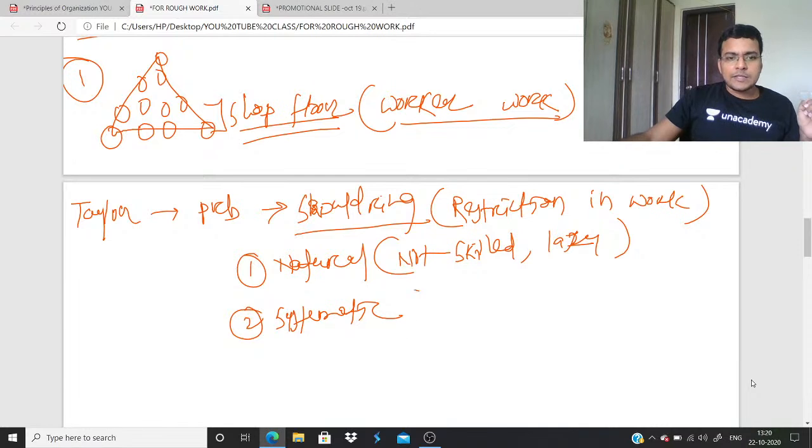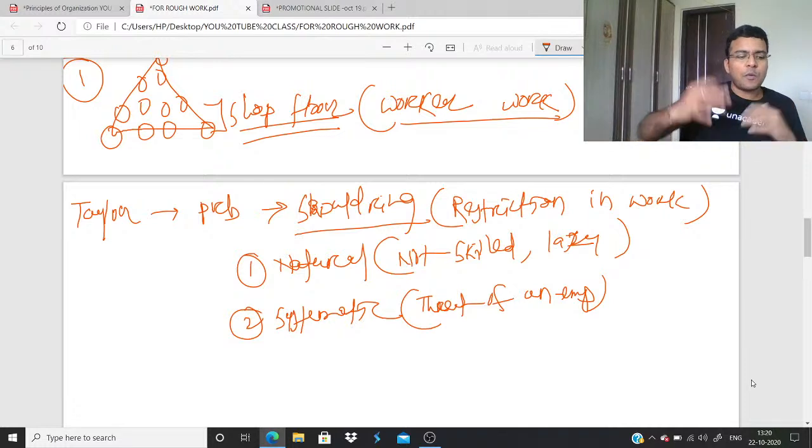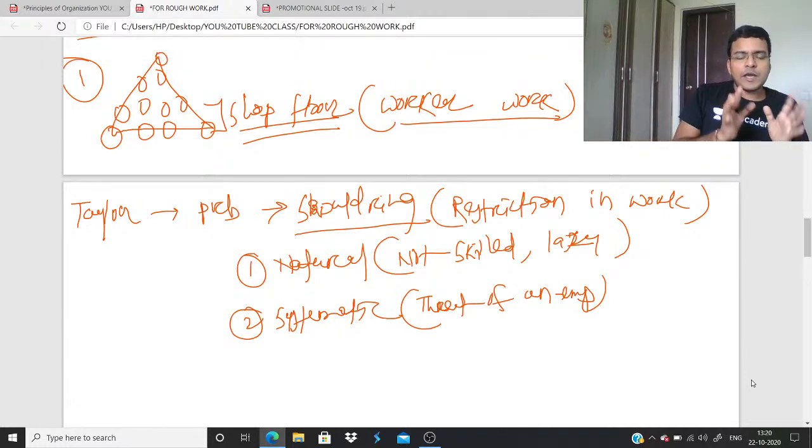Natural soldering. Systematic soldering means you people systematically restrict production. Why? What is the reason? Threat of unemployment. You people think that if you complete every work, you might be unemployed.